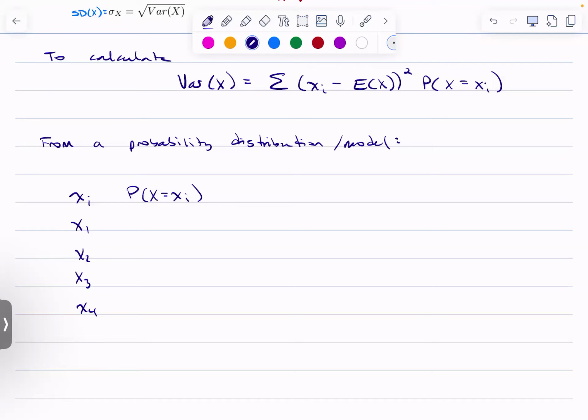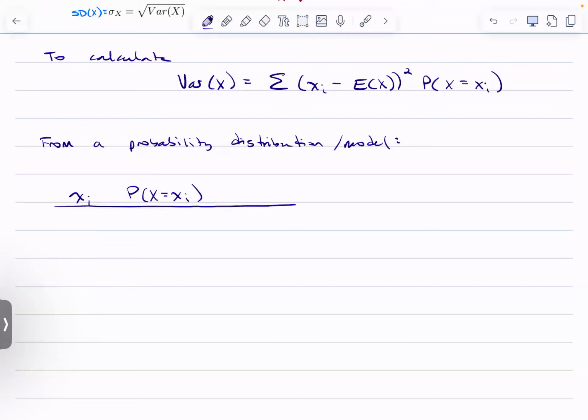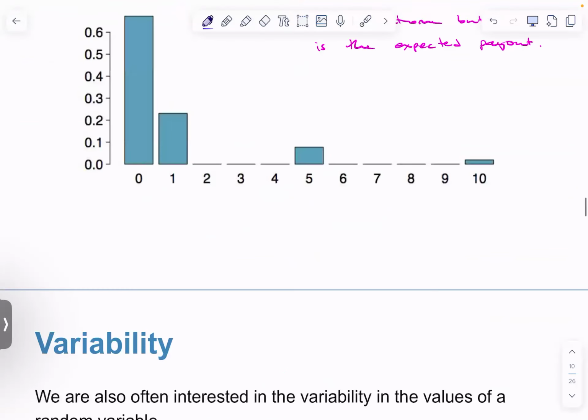Or should we do the winnings? It's on the next slide, but we can do it. Sorry. Let's do that instead. Not just the generic x. We got 1, we got 5, we got 10, or we got 0. With some probabilities that I'm going to steal.